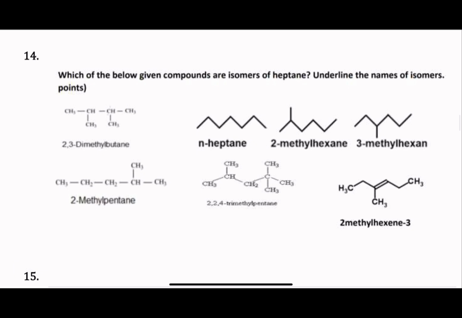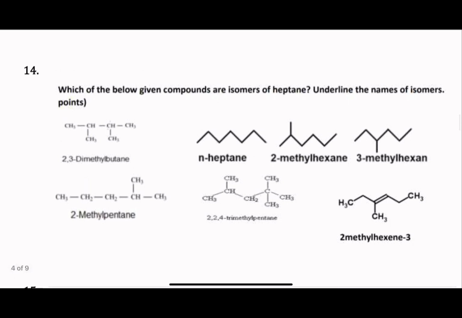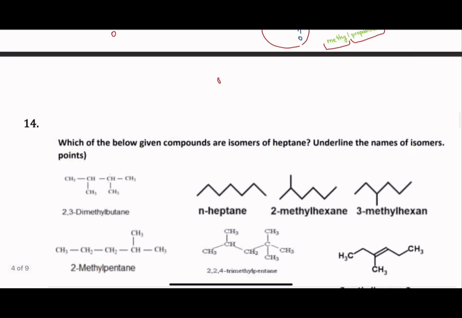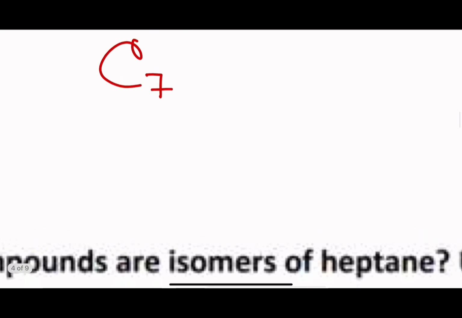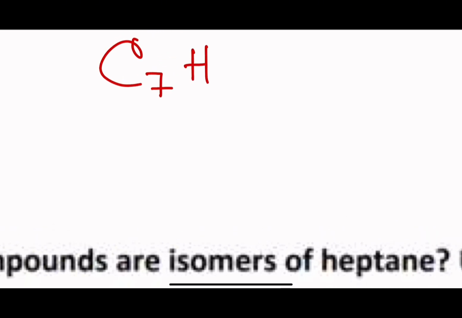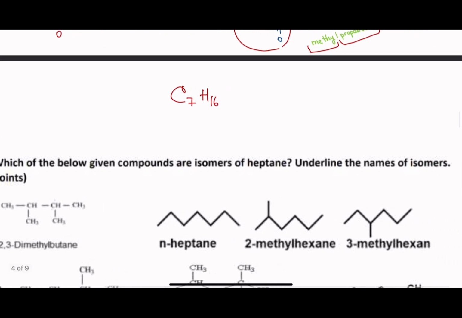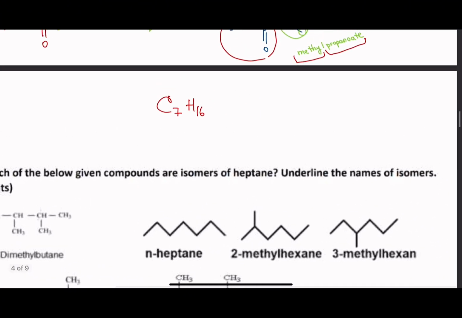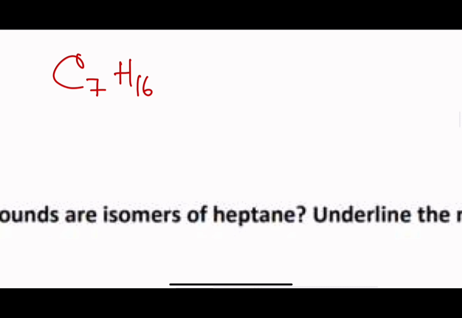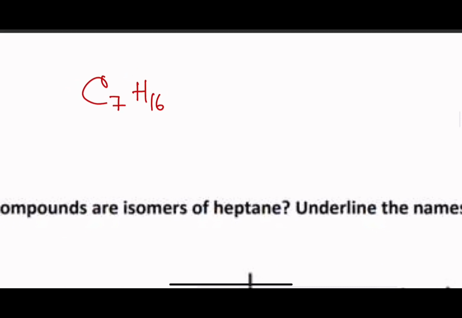Now, question 14, it says, which of the following given compounds are isomers of heptane? So first of all, heptane, we know that it is C7H16. For heptane to be C7H16, you just need to have 7 carbons, and there should not be any degree of unsaturation, because alkanes are full.